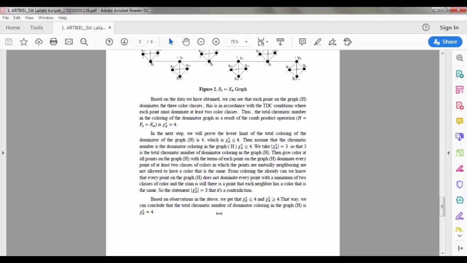That way we can conclude that the total dominator chromatic number of graph H is χ_td equal to 4, like this.